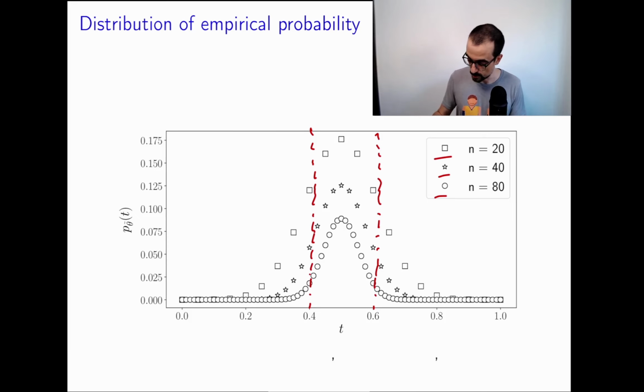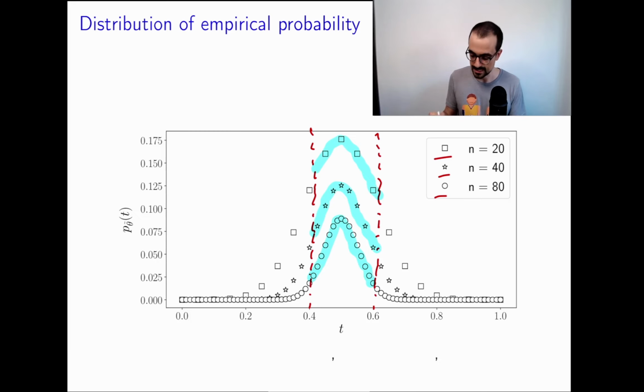What we would do is sum up these values for n equals 20, those values for n equals 80, these values for n equals 40, and these values for n equals 20.